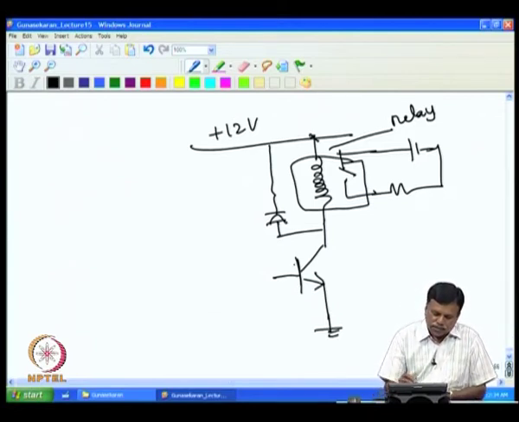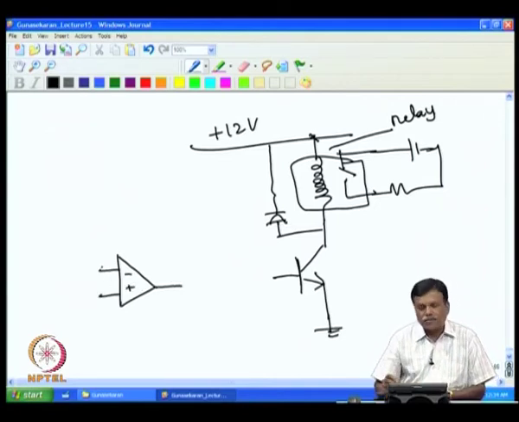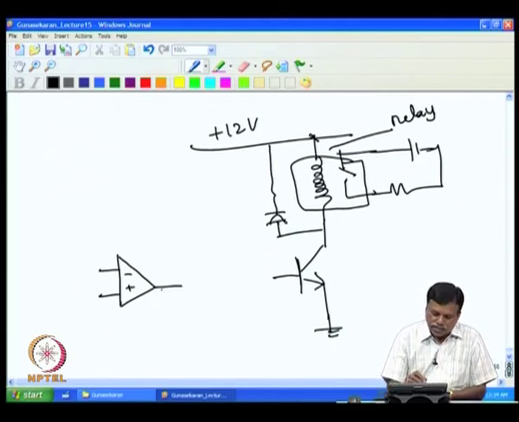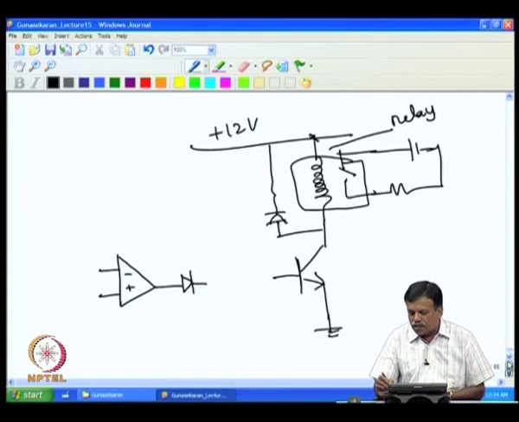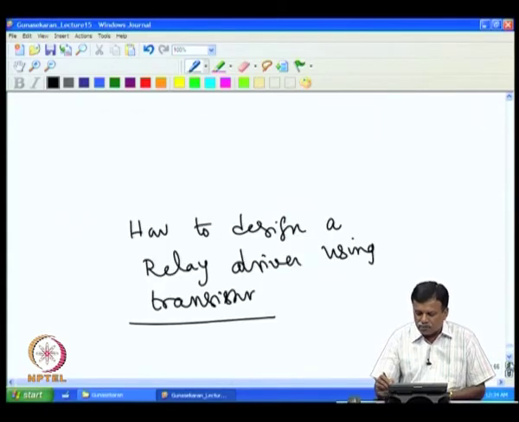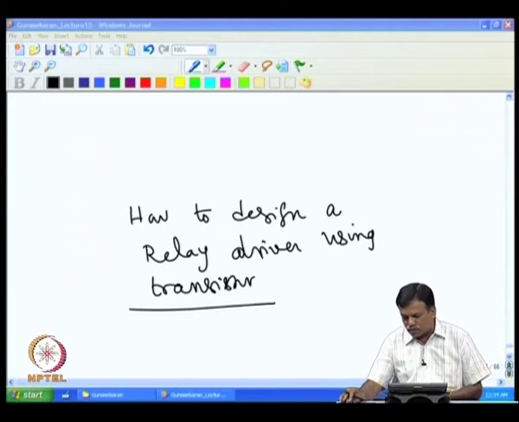Then we have a signal coming in, for example, from another operational amplifier, which gives the signal to switch this on. When this is high, it will be plus 15, when this is low, it will be minus 15. We want that when the output is plus 15, the relay should be on, and when the output is minus 15, the relay should be off. That is what we are planning to do.